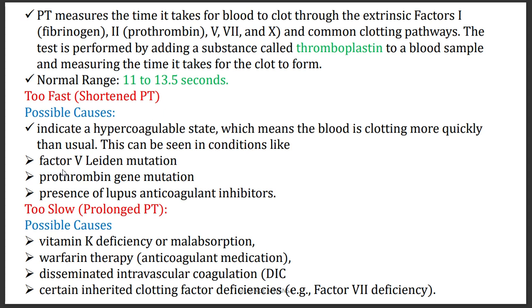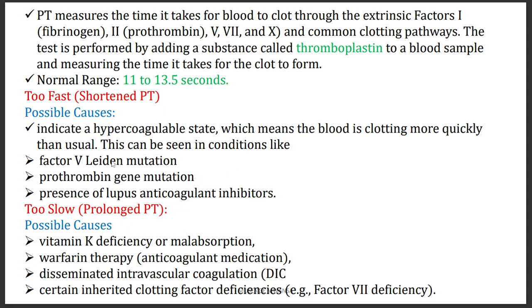That can mean that there is factor 5 mutation, or there can be prothrombin gene mutation, or there can be the presence of anticoagulant inhibitors. So anticoagulants prevent coagulation. Now, inhibitors of those which prevent coagulation promote coagulation, meaning there's too much coagulation happening.